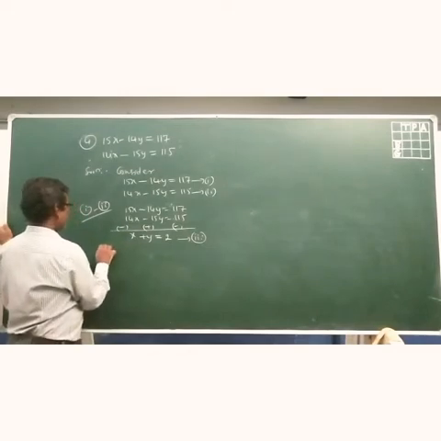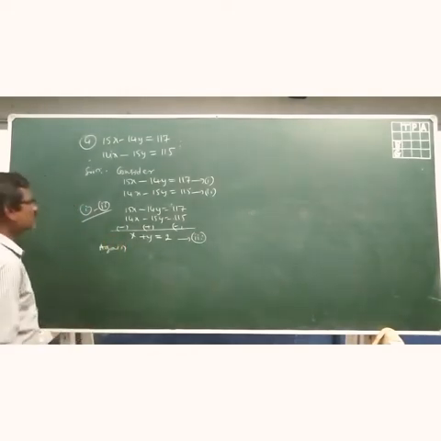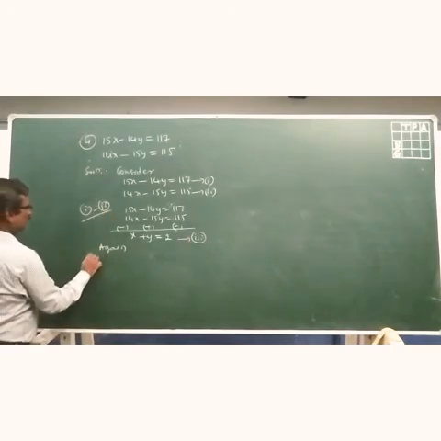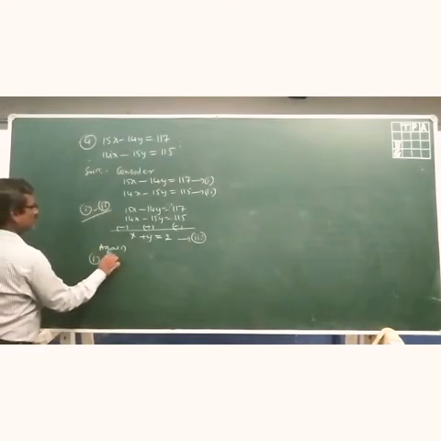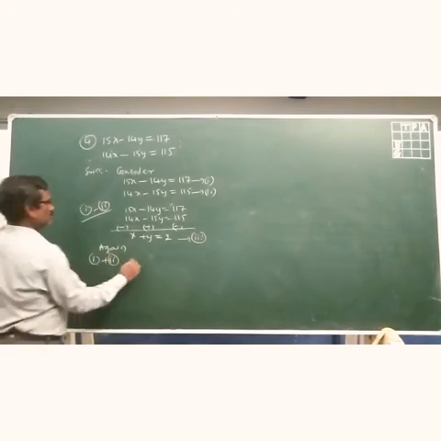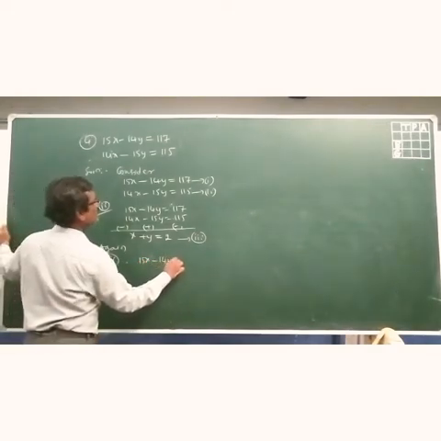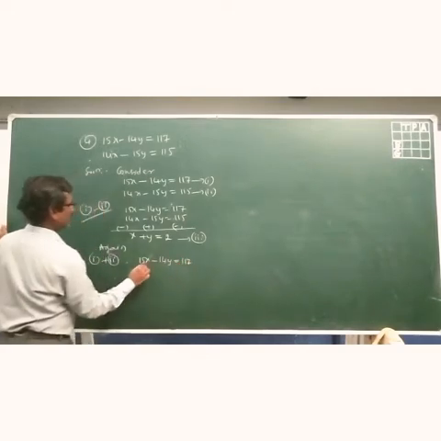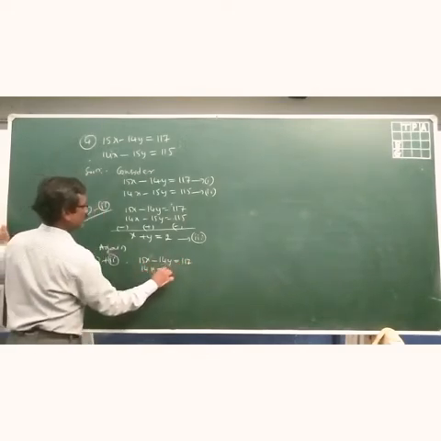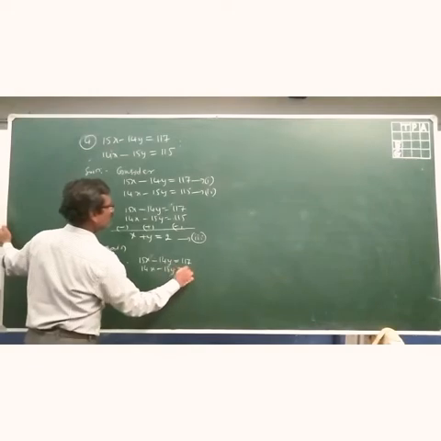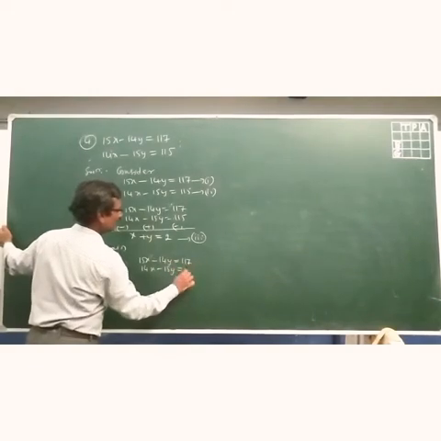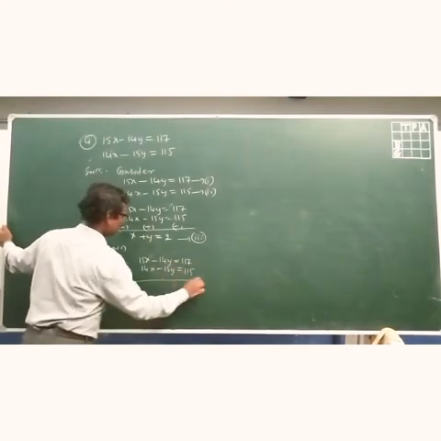Equation 3. Again, add equations 1 and 2. That is 15x minus 14y is equal to 117, and 14x minus 15y is equal to 115.